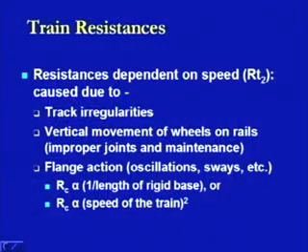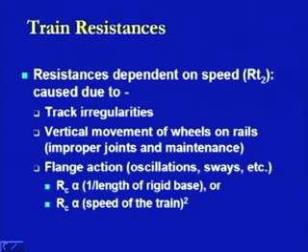Another aspect is related to flanges. As we discussed previously while talking about the coning of wheels, there is some distance between the flange and the head of the rail. Because of this distance, the flanges or the axles have the flexibility of moving in the lateral direction, and that is termed as oscillation or sway.